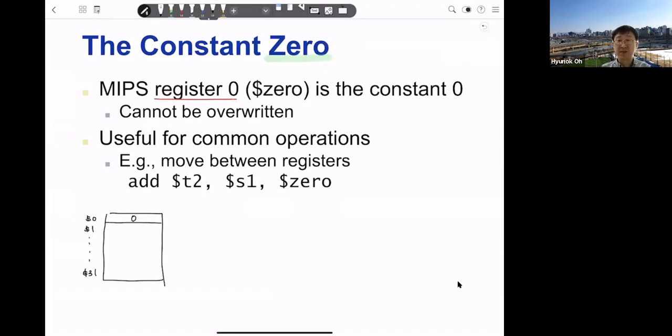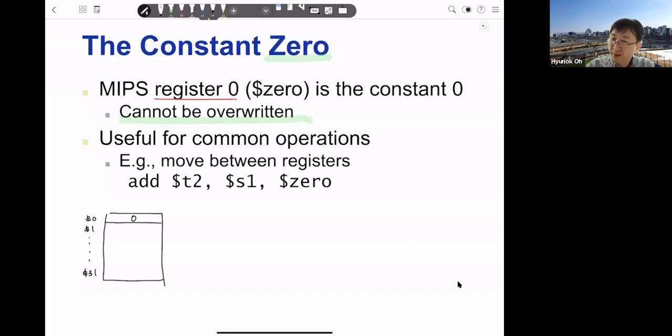It's a constant value. So the $0 register is not going to change to another value. $0 always contains the 0 value. Hardware-wise, it is not writable. In the simulator, you can change it, but in the hardware case, $0 is not writable.